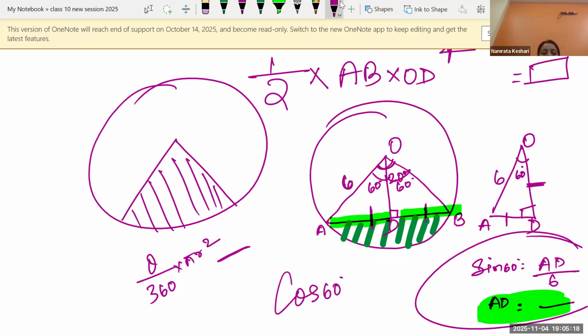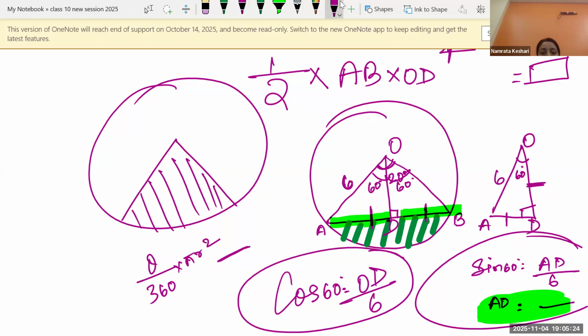Cos 60° is equal to OD by hypotenuse, that is 6, and from here you will be able to get the height OD. This OD you will substitute in the formula, and AB, which you find after finding AD and adding it with BD, you will get the complete length AB that you will use in the formula to get the area of the triangle.